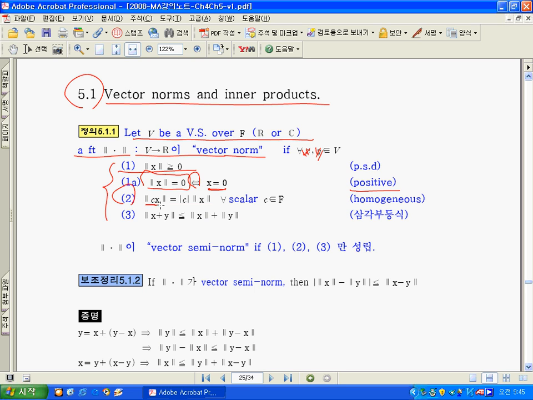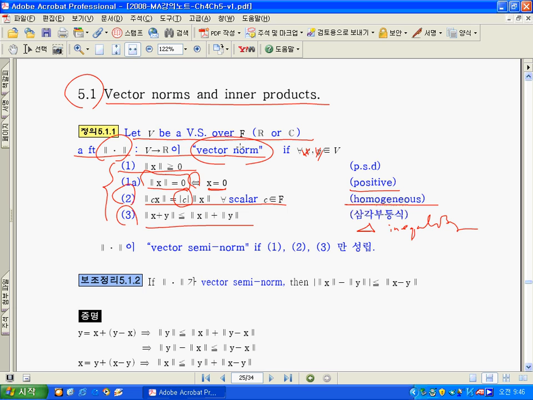And the norm of a scalar multiple of x is the same as the absolute value of the scalar times the norm of x for all scalar c in F. This property is called homogeneity. And the last is the triangle inequality. If this function satisfies these four conditions, we call it a vector norm on the vectors.